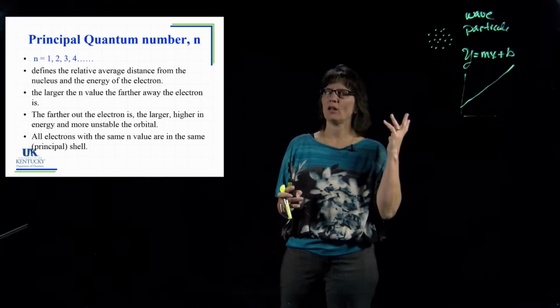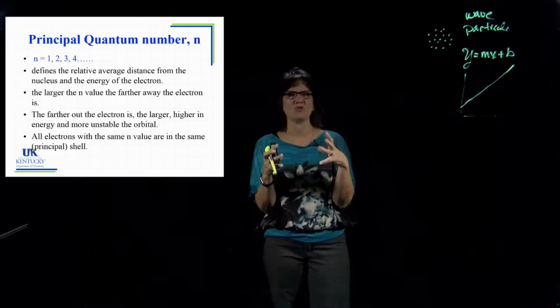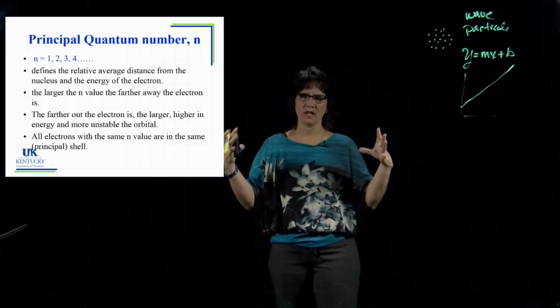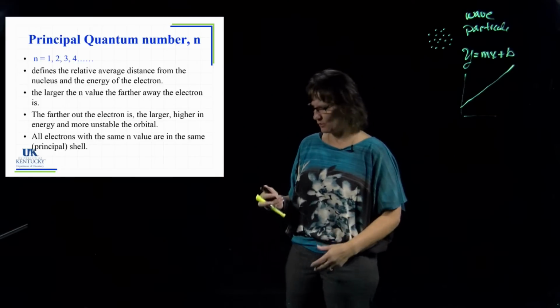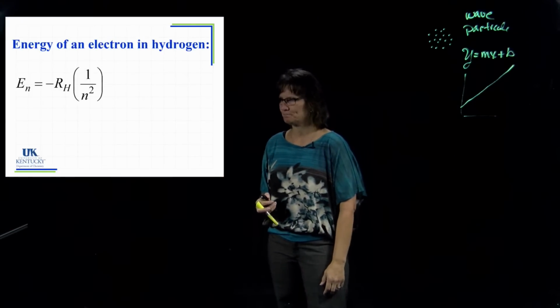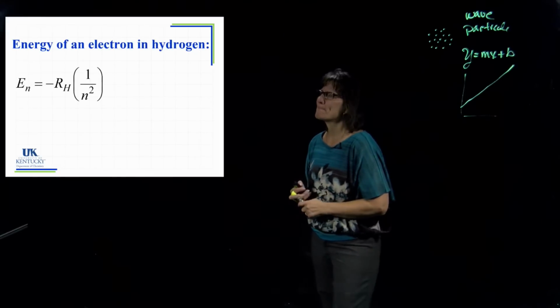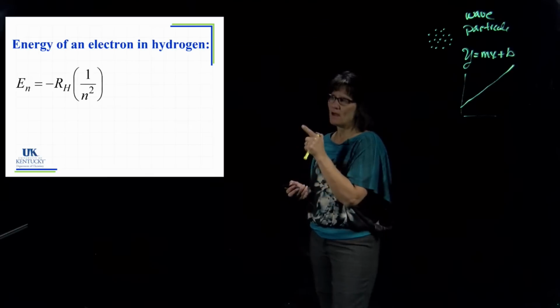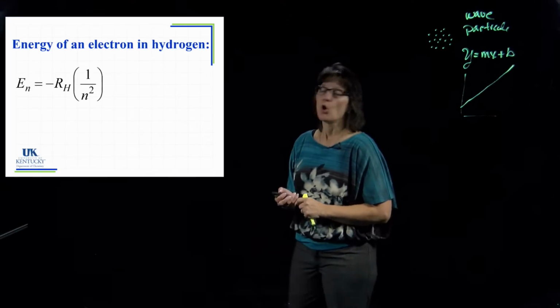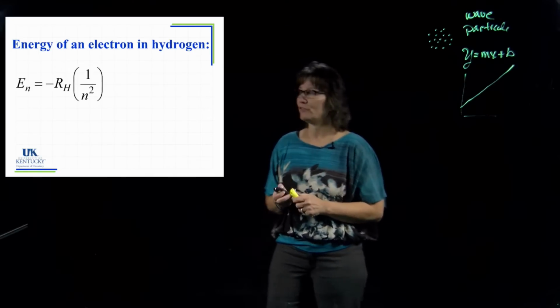Sometimes we throw the word principal away and just call it the same shell. The n equals 1 shell, the n equals 2 shell, the n equals 3 shell as we get further and further away. Now, revisiting our hydrogen atom, this is the energy that an electron has when it is in its different shells.